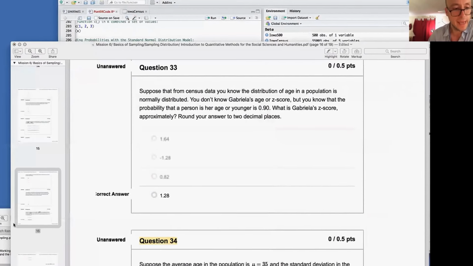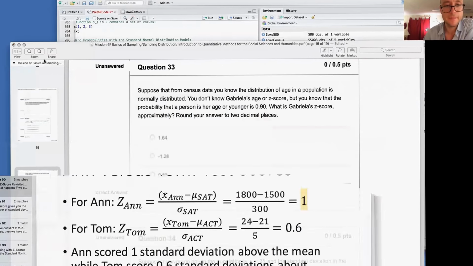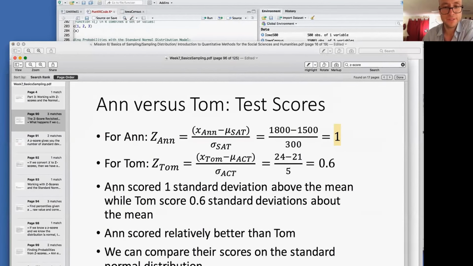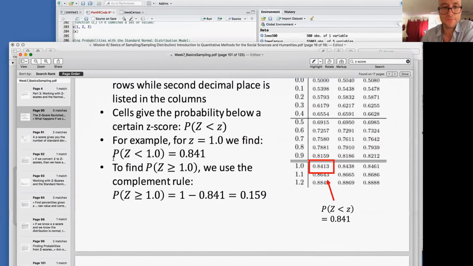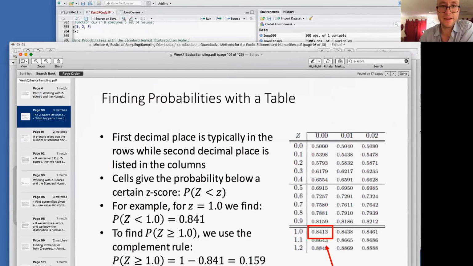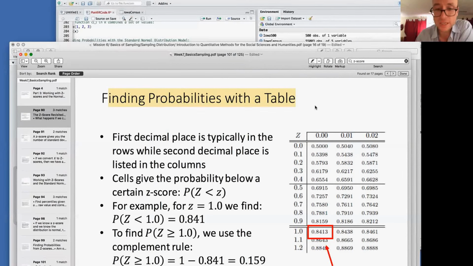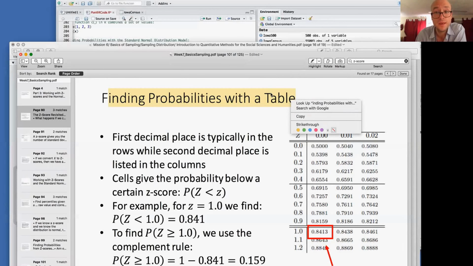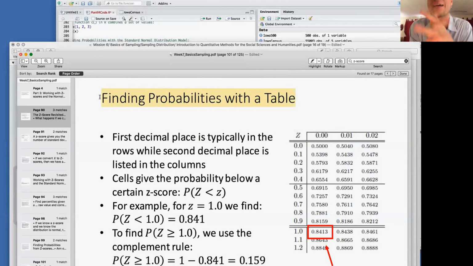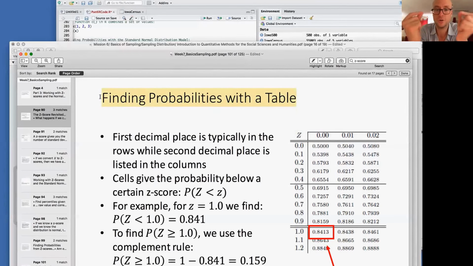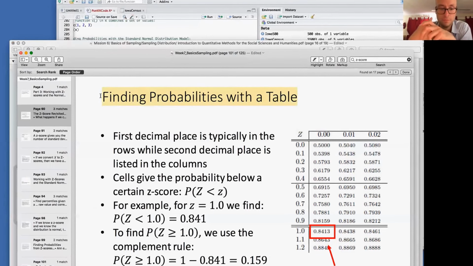That being said, I understand you might have some concerns, but for example, if you look at page 90, we say finding probabilities with a table. That should be something you should be able to do, especially keep in mind that this is going to be something that you're going to have for the final exam. So you could do it with R, but you should also learn how to find probabilities with a table.